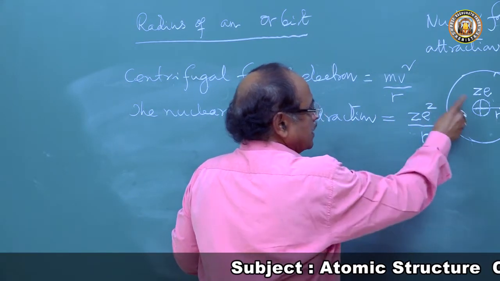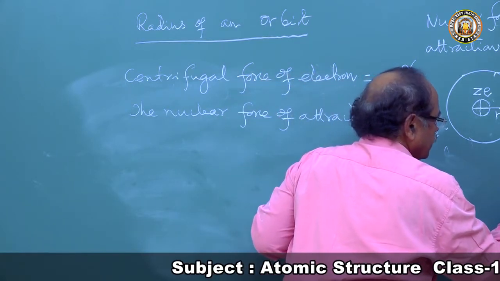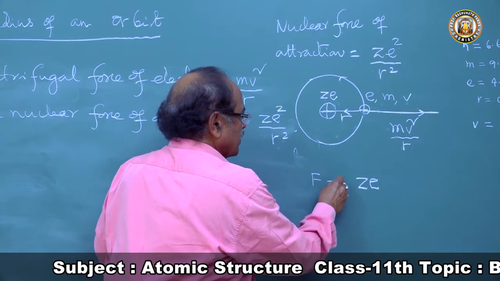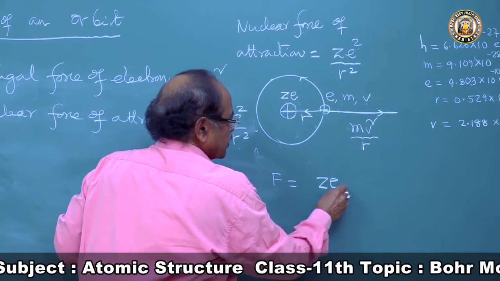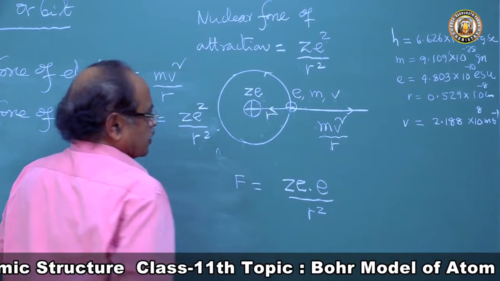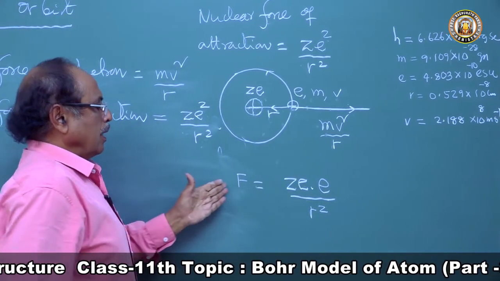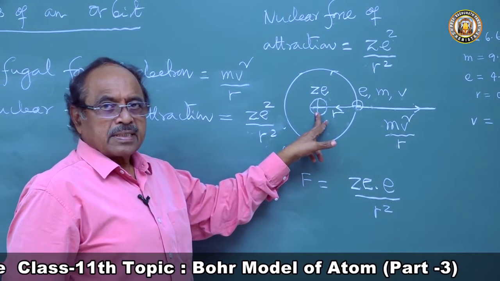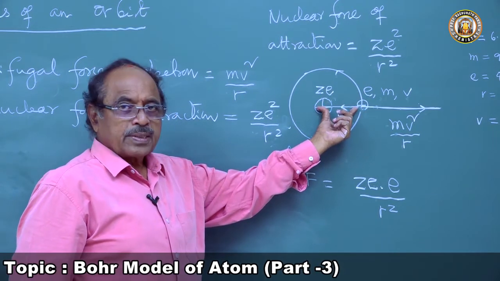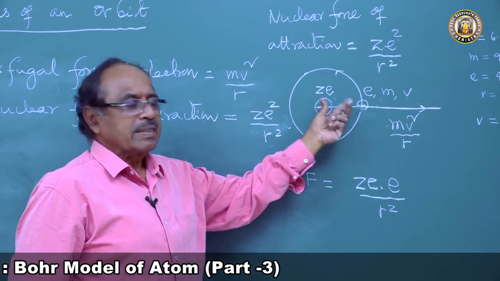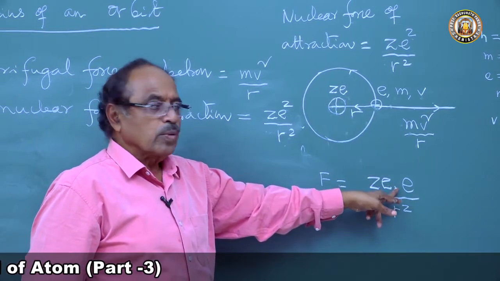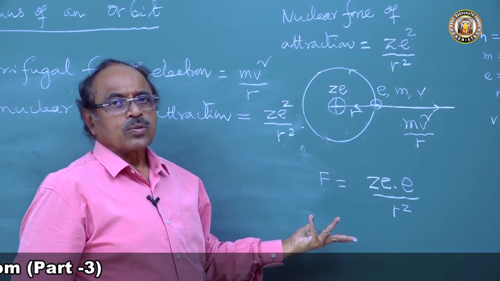How do I get this? Ze is the charge of the nucleus. F is always equal to e1 into e2 by d square. So Ze into e by r square. This is according to Coulomb's law. If e1 and e2 are the charges of these two particles, and r is the distance between them, then the force is equal to the product of the charges, Ze into e, by r square.